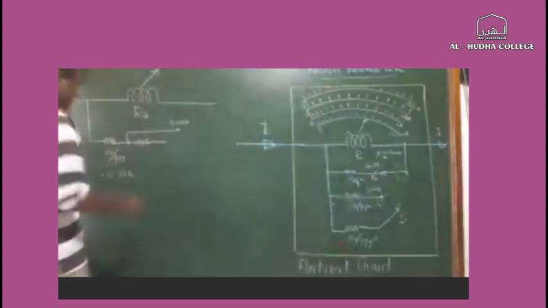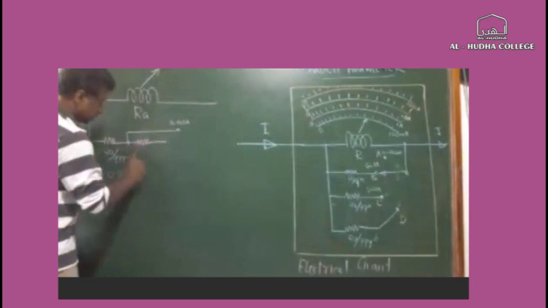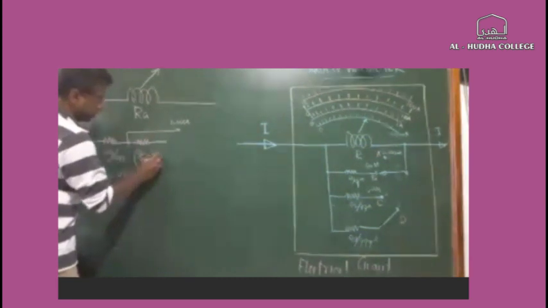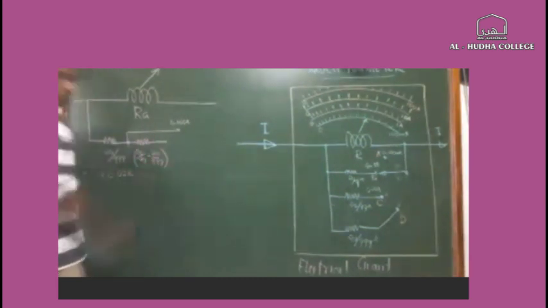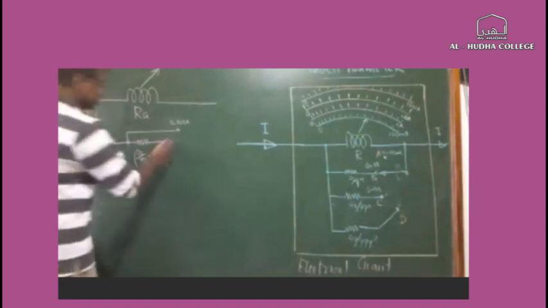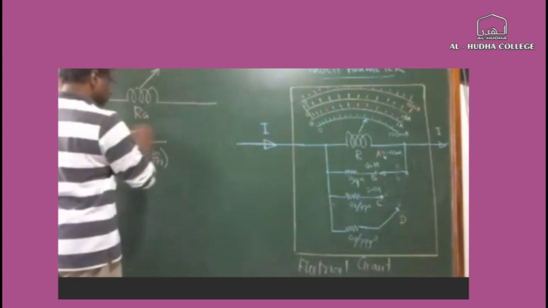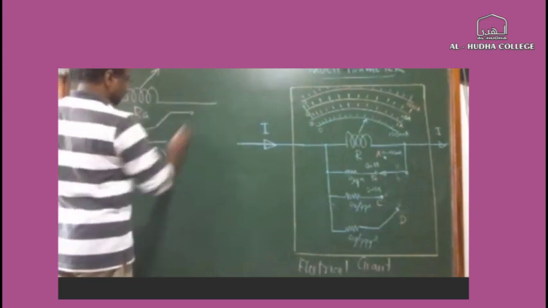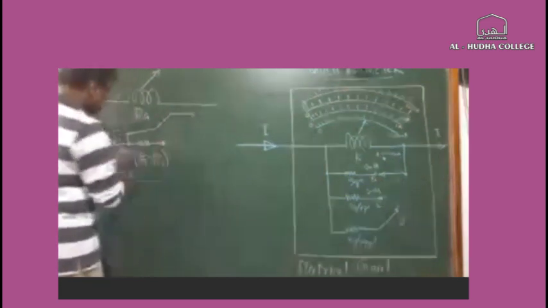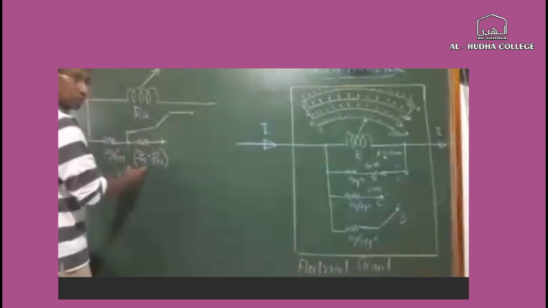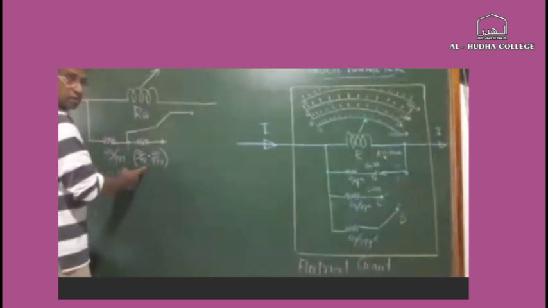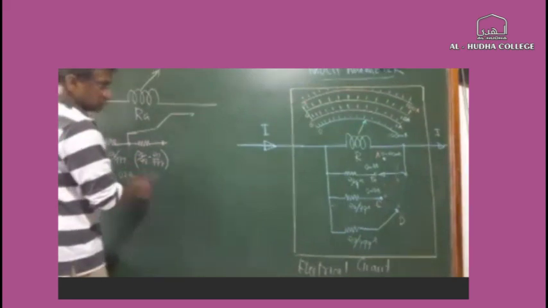So what is coming here is 20 by 99 minus 20 by 999, so the total resistance is 20 by 99. 20 by 99 corresponds to 0 to 10 amps.